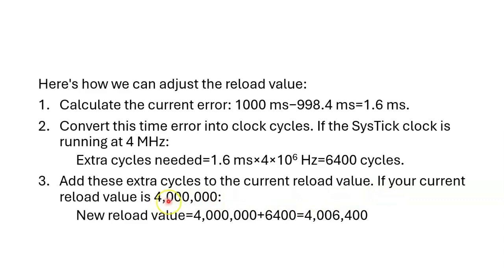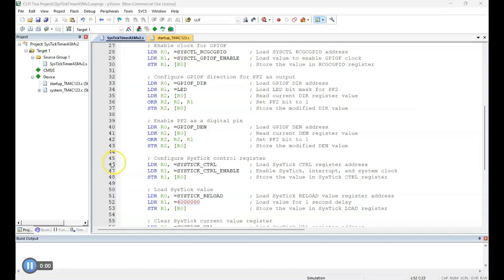If the current load value is 4 million, then 4 million plus 6,400 gives us 4,006,400. So we need to use this value for the reload value in the code.